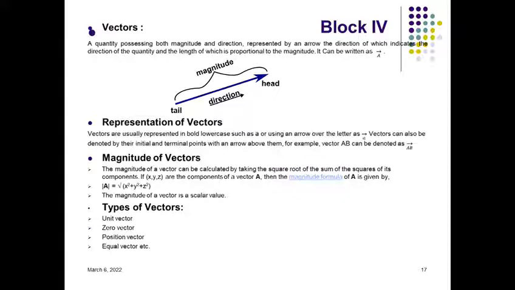Vectors are usually represented in bold lowercase such as a, or using an arrow over the letter, as vectors can also be denoted by the initial and terminal points with an arrow above them. Magnitude of vectors. Types of vectors: unit vector, zero vector, position vector, equal vector, etc.